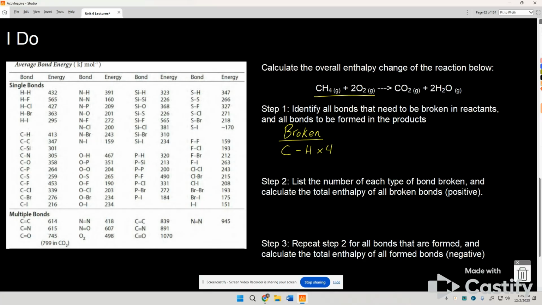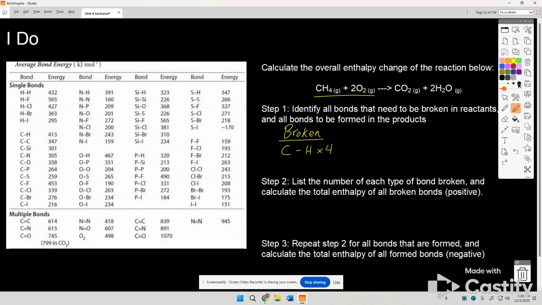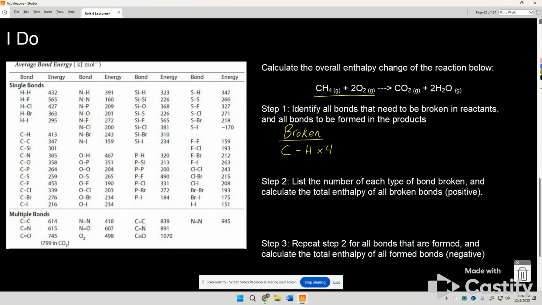I have a carbon bonded to 4 different hydrogens, so I have to break all 4 of those carbon-hydrogen bonds. Where is that on my table of all my values over here? So I can keep track of that, I look over here for carbon bonded to hydrogen. I find that right here. Carbon-hydrogen is at 413 kilojoules per mole.